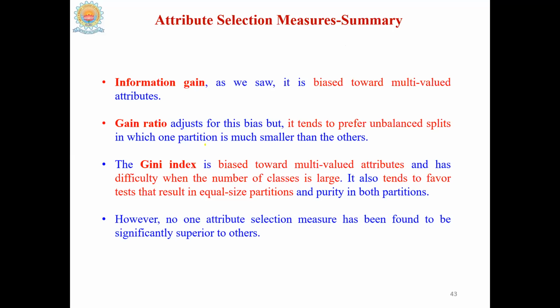If the attribute is discrete, then we need to go for splitting subsets. So those two are the only options we have.